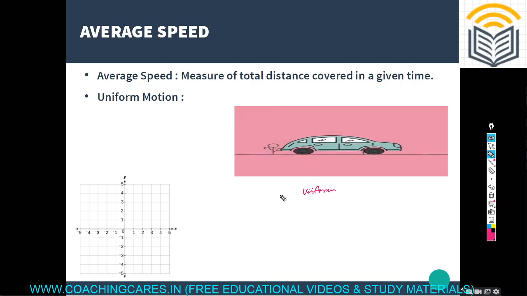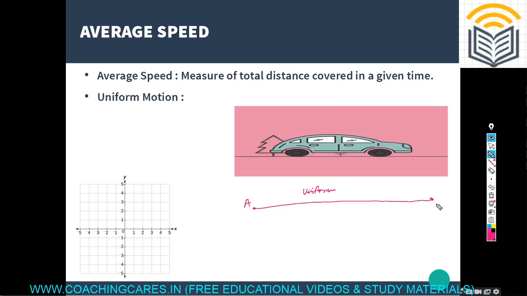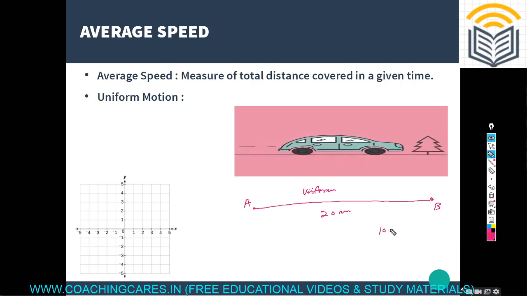Say the initial position is A, the car is moving in a straight line, and the final position is B. The distance is, say, 20 meters, and it is covering this distance in, say, 10 seconds.